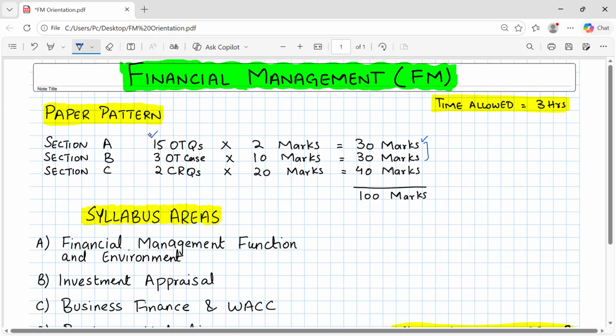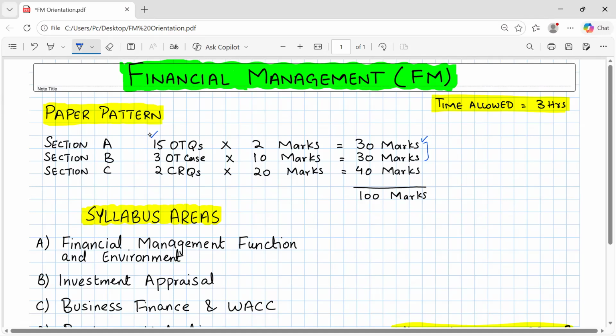Okay. But here, only section A and B will be marked by software. So they are not manually marked. No examiner checks your answer. It's automatically marked by software. Though you won't get the result at the same time. The result will come out after a month. But these are automatically marked. That is why, I told you that there is no partial marking in section A and section B as well.